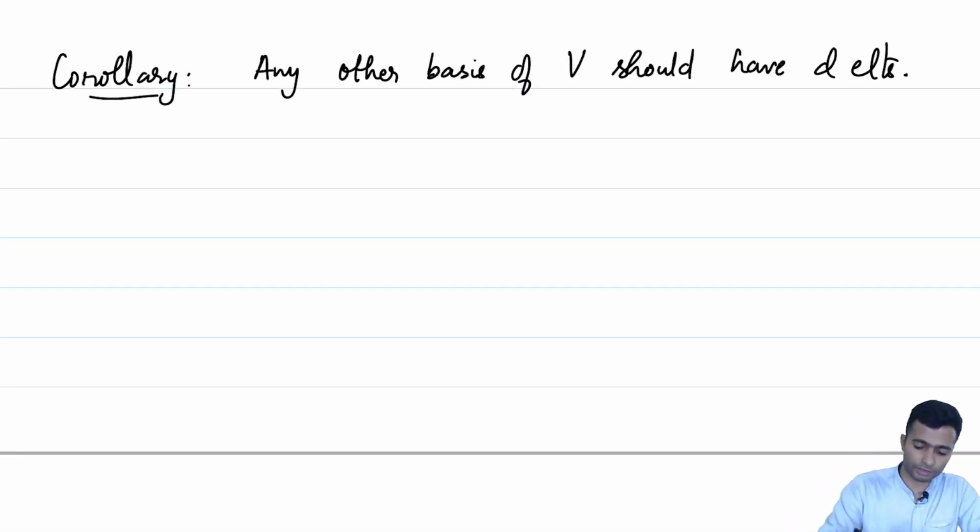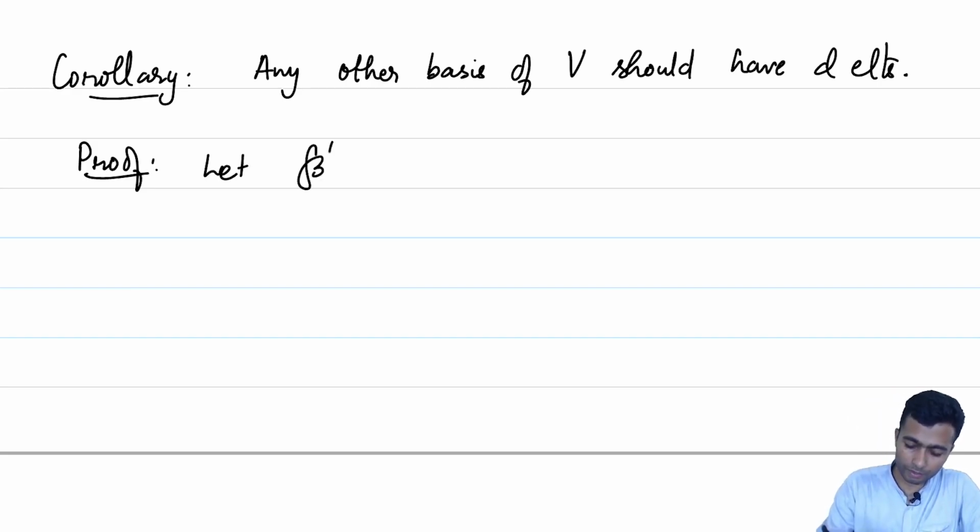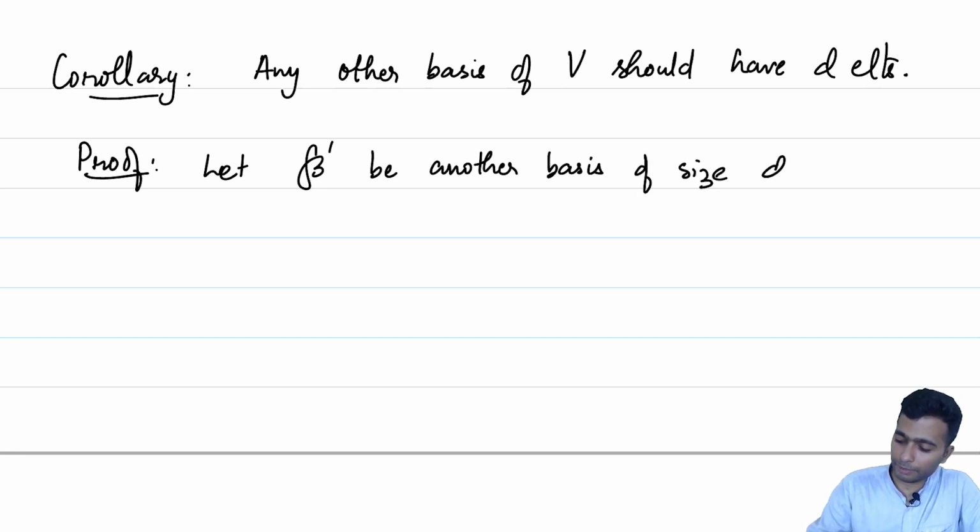Okay, let's give a proof of this. That will establish whatever we had set out to prove. So suppose beta prime is another basis of size d prime.